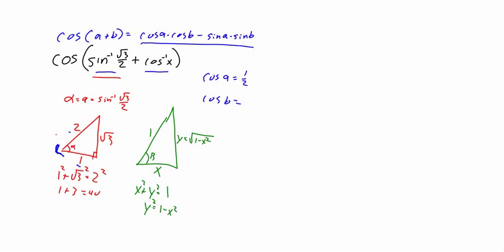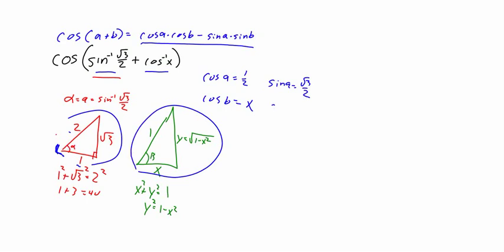Cosine of B on this side is just going to be x. Sine of A, again coming over here to this triangle, is going to be square root of 3 over 2. And then sine of B, coming to this triangle, is going to be square root of 1 minus x squared.